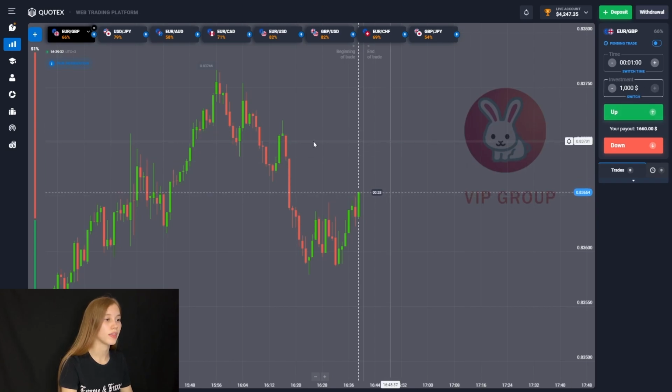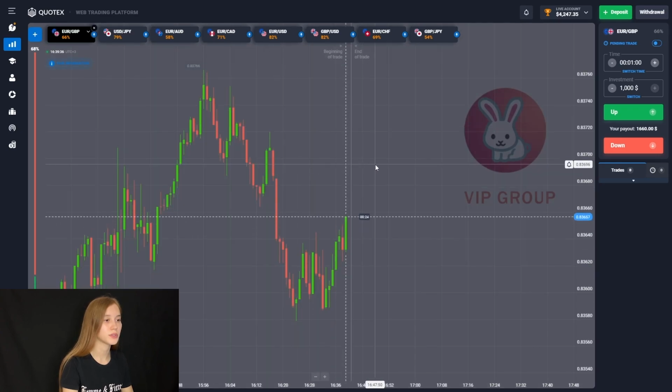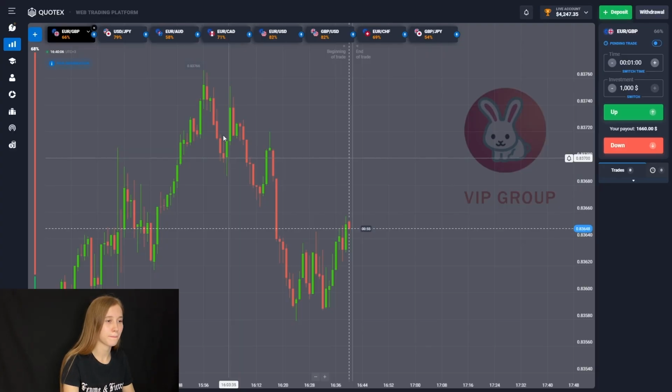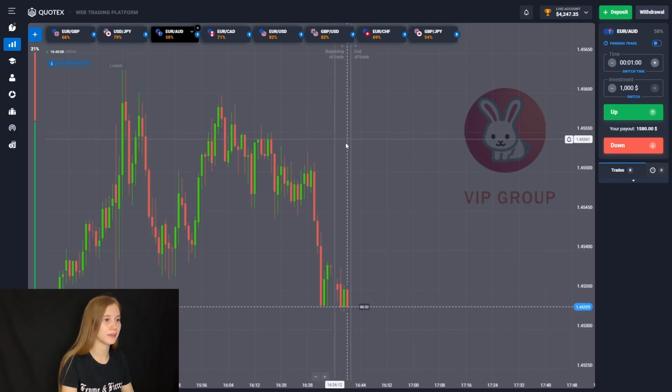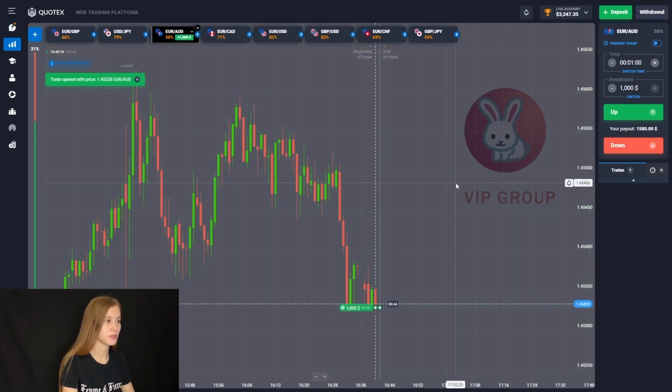And bet $1,000. Switch to MetaTrader. Let's stay on this currency and go back to Quotex. Let's wait. Open a trade. $1,000.